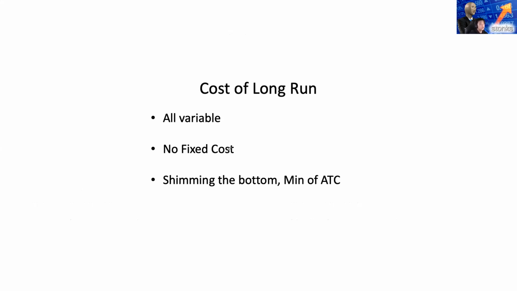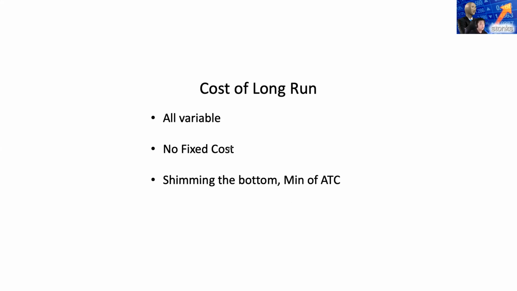The costs in the long run are all variable costs, since in the long run, I can build more factories. In the short run, a factory is a fixed cost because I can't just build a factory in an hour. It takes months, even years. But in the long run, it doesn't matter, so it's all variable costs.